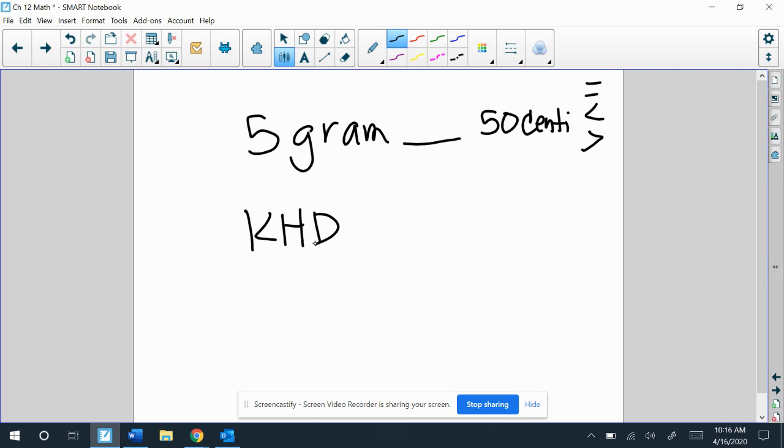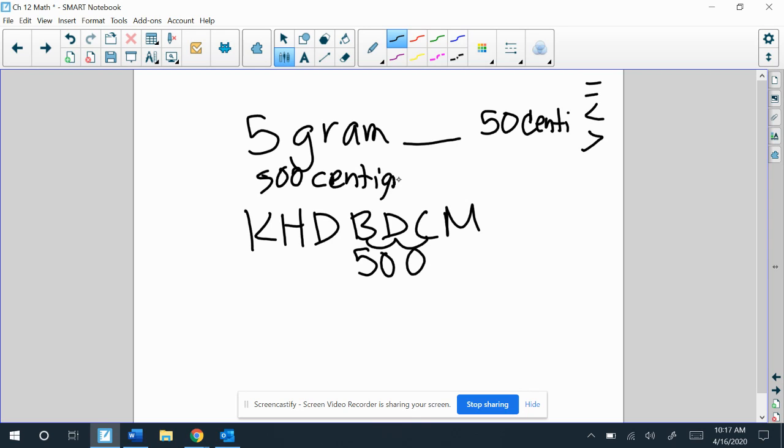King Henry died by drinking chocolate milk. I'm going from the bigger unit, grams, to the smaller unit. 1, 2. I went down to a smaller unit, so I multiplied by 100. 500. Which one's bigger? 500 centigrams or 50 centigrams? Well, 500 is bigger.